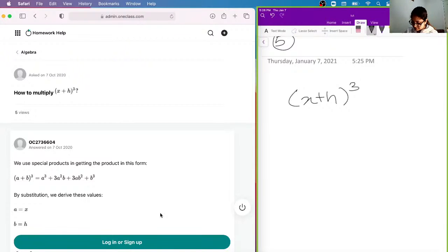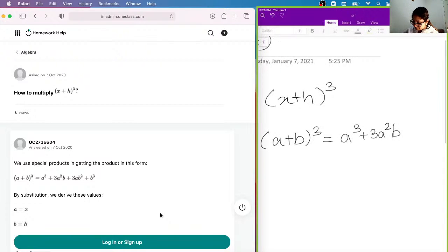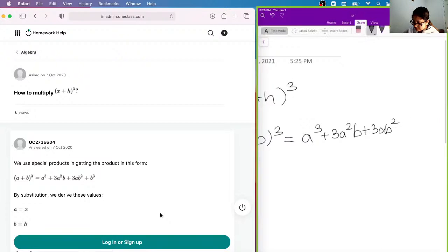So this resembles a lot like a formula called a plus b cubed. And the formula for this is a cubed plus 3a squared b plus 3ab squared plus b cubed.